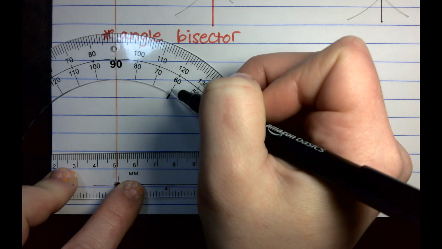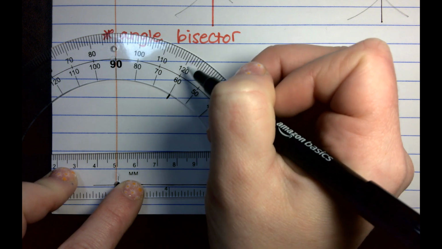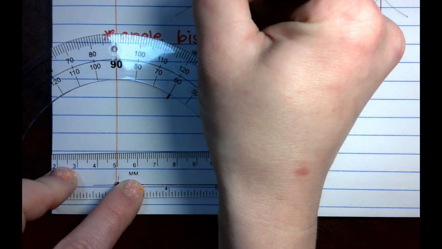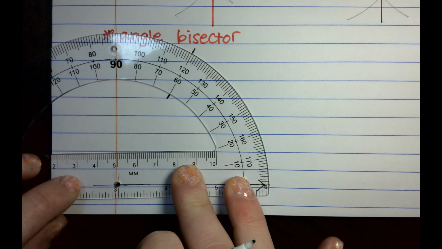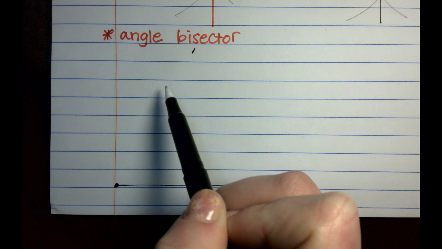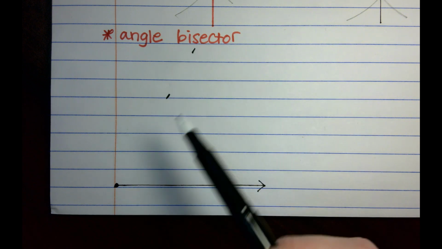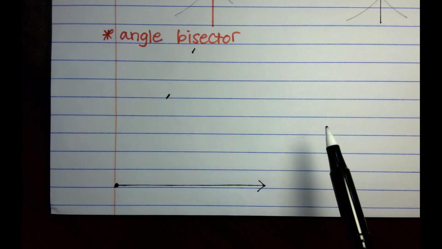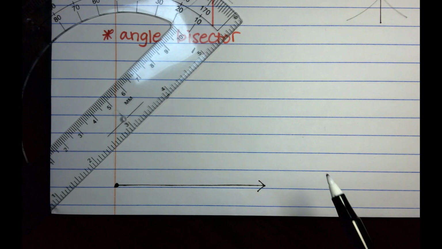You could also follow 60 to the outer edge using that line that goes through it and make a mark here. Both are correct. So what you should have now is a ray at the bottom, and a dash or two to show where 60 degrees falls. Does anybody need some clarification on what I just did here? We're all okay?